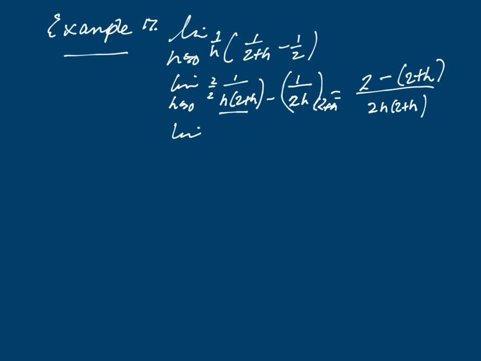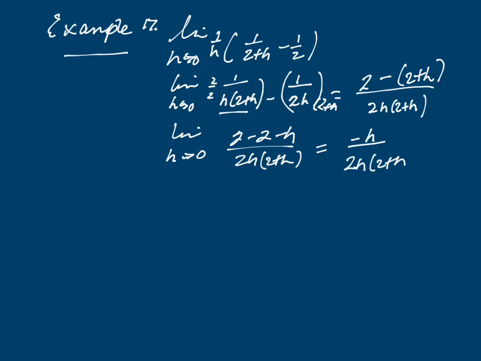So this is the limit as h approaches 0 of 2 minus h over 2h, 2 plus h, which is equal to a negative h over 2h, 2 plus h. And look what happens. Boom, boom, crosses those out.